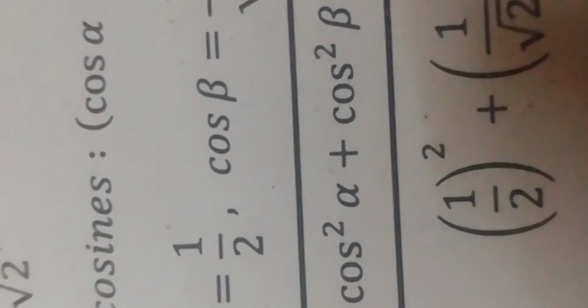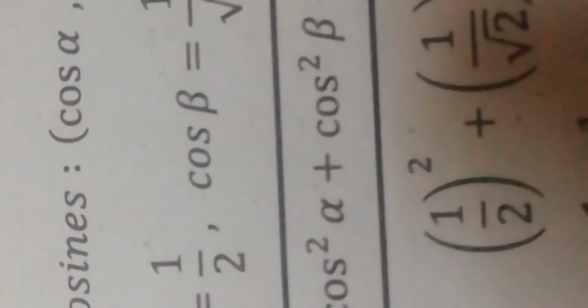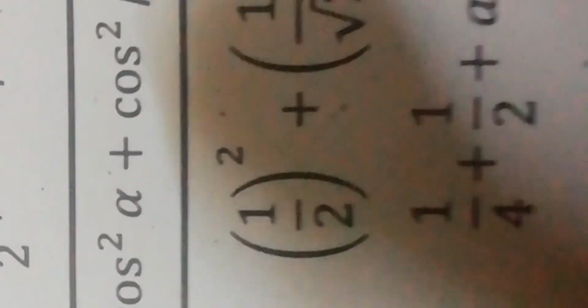So what is the direction cosines condition? cos²α + cos²β + cos²γ = 1. So you can substitute the values.